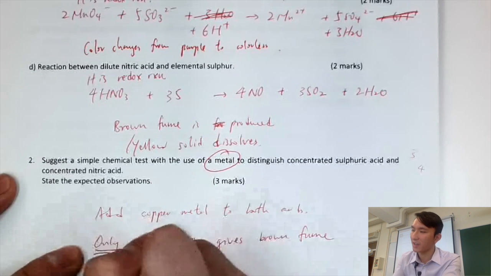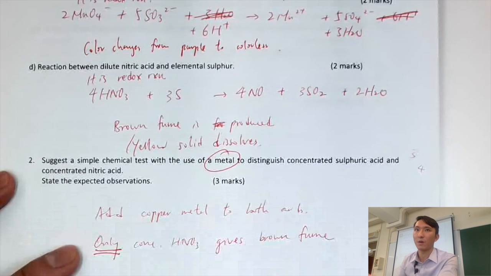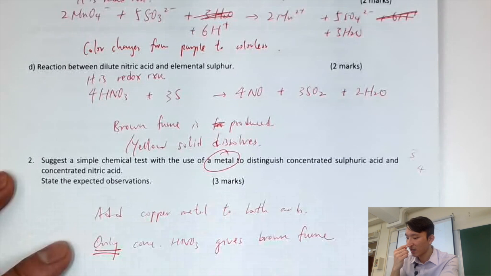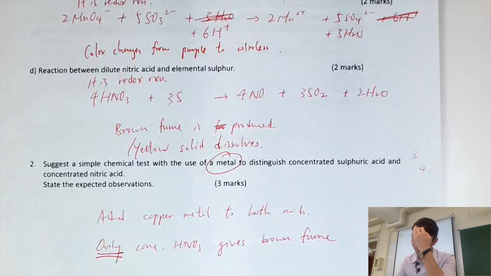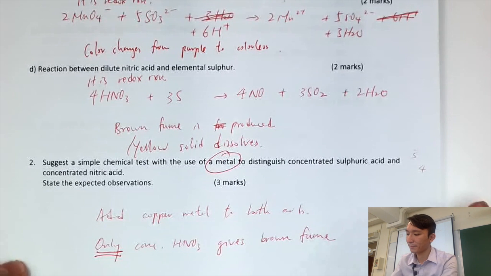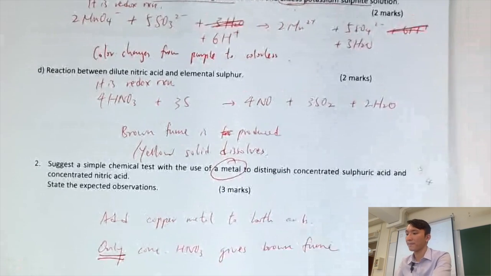Now, this word only means that the other one has no observable change. So that can save much time. You don't have to say conc. nitric acid gives brown film, conc. sulfuric acid has no observable change. That can save you a lot of time. Okay? So 3 marks, no problem.